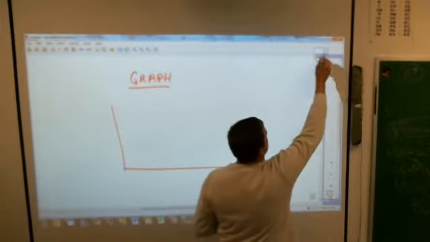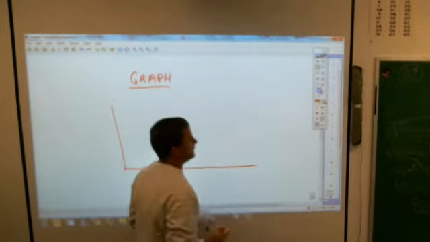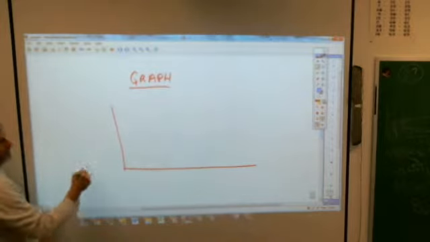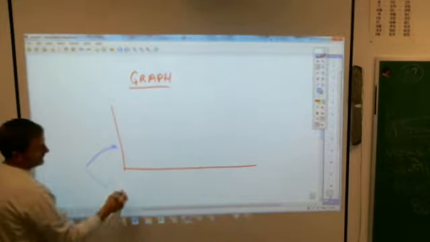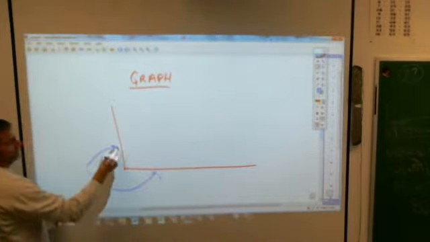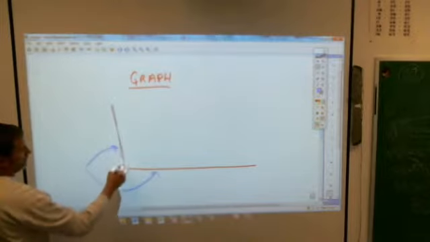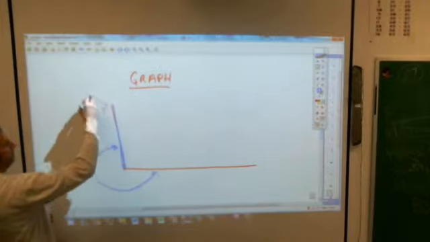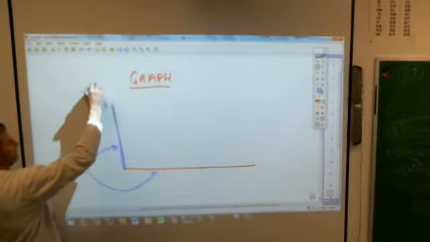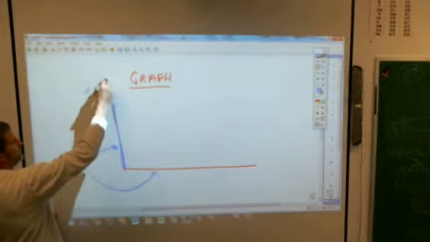And just some of the words we use when we talk about line graphs are these two lines right here. What are those two lines called? Well, the one that goes up and down, the vertical one, we call, you see those of you looking in the book, the y-axis. Why?